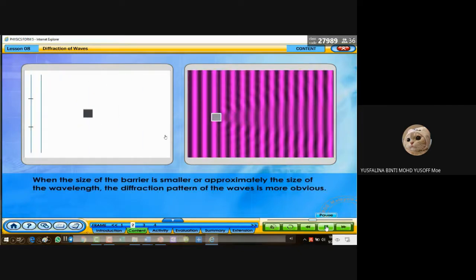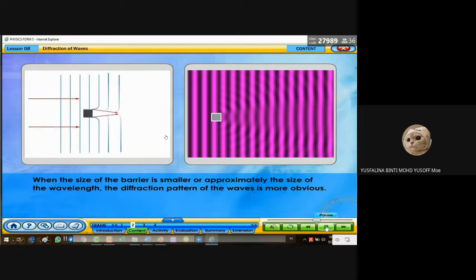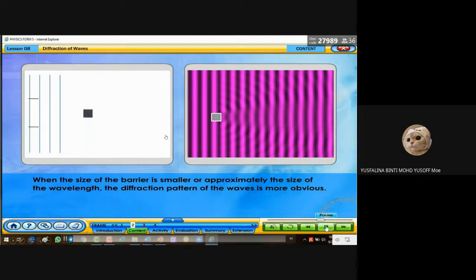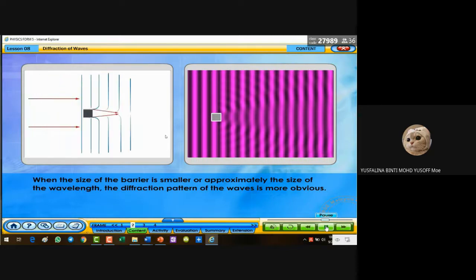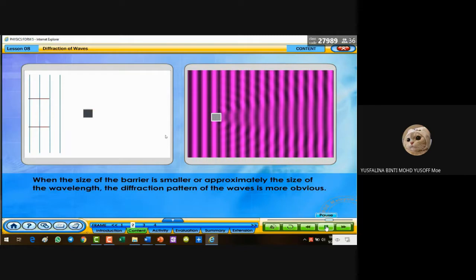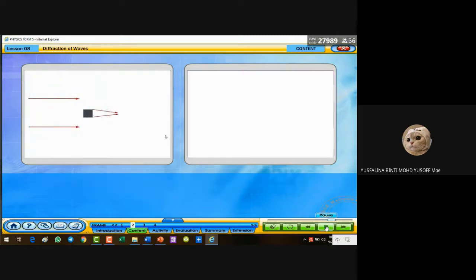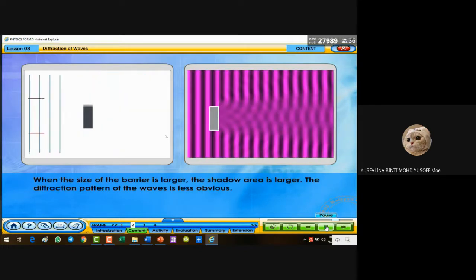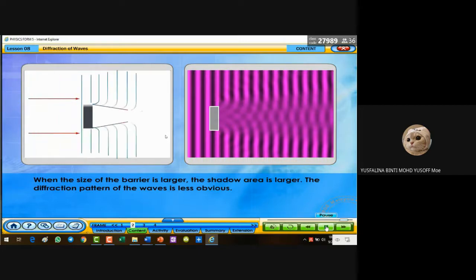When the size of the barrier is smaller or approximately the size of the wavelength, the diffraction pattern of the waves is more obvious. When the size of the barrier is larger, the shadow area is larger. The diffraction pattern of the waves is less obvious. A smaller obstacle means the effect of the diffraction will become obvious.